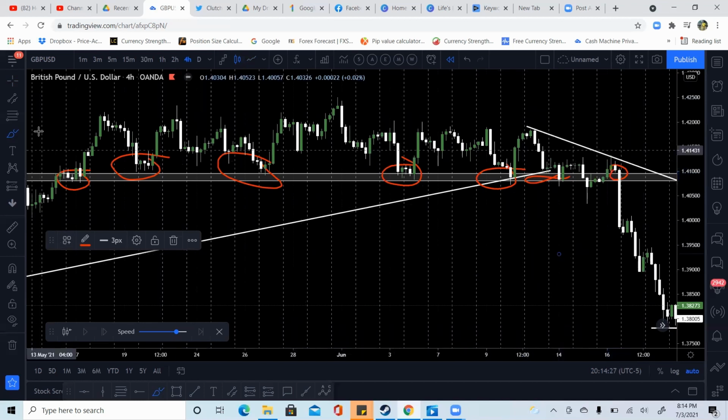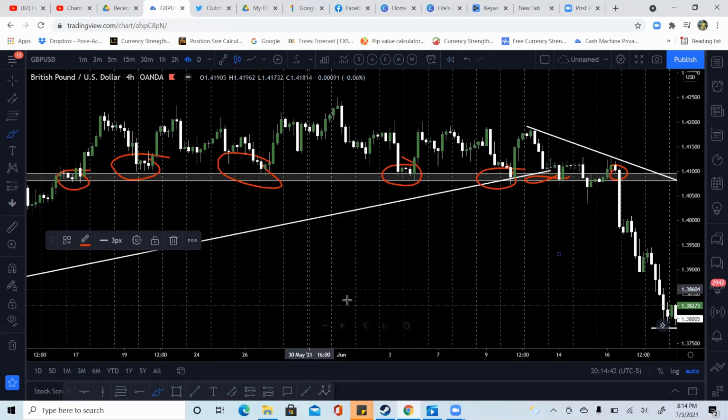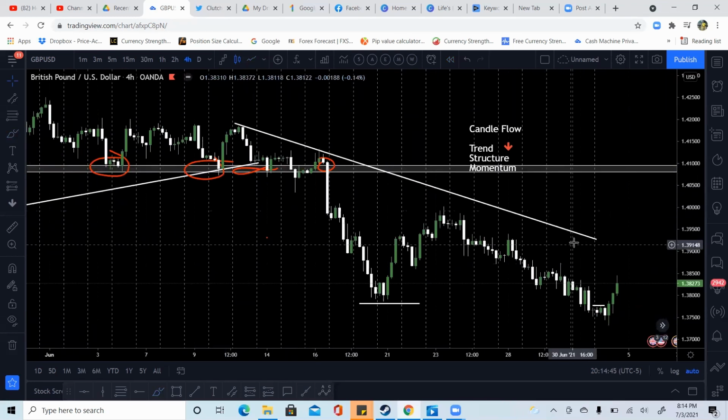So let's move on. The other part now is momentum. And momentum is what direction the candles are going in this particular moment in time. So let's close this out and then let's go here.